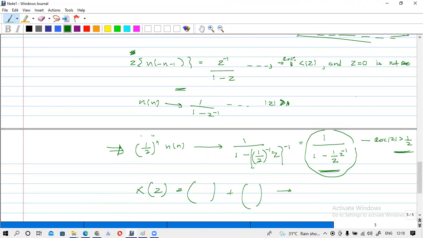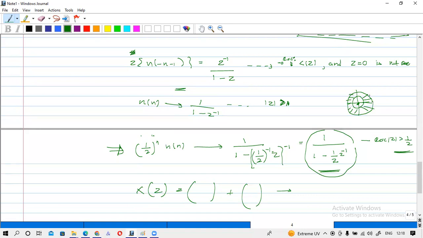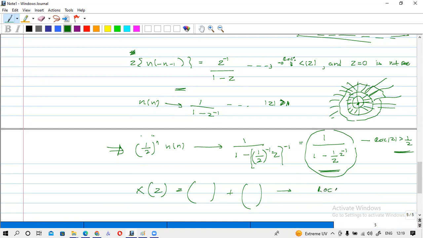Here the ROC will be greater than half, so greater than the half circle. For the first one, the ROC will be greater than 1 except 0. This 0 is not there. So the common ROC, the final ROC, will be z greater than 1.